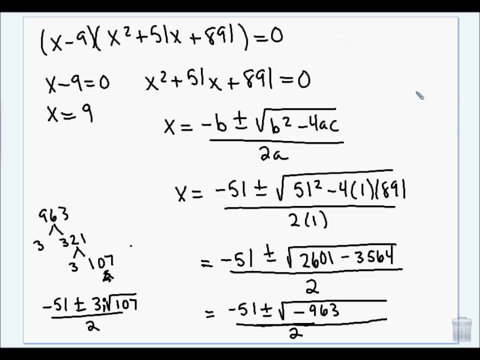So our final answer would be 9 and negative 51 plus or minus 3i times the square root of 107 over 2.